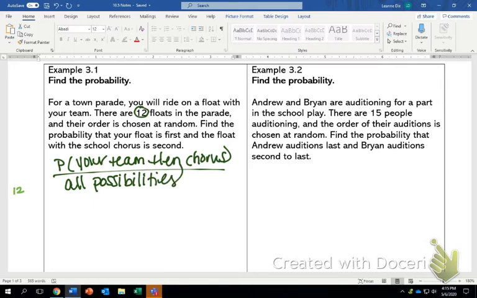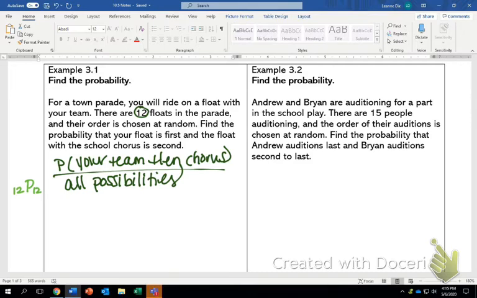So if we have all possibilities, well, there's 12 floats in total, so that would be 12 permutation 12. Okay? And since your team and the choir are sort of already decided, if you will, what we have to figure out for the numerator is what is left. And if you think about it, there's 12 floats.